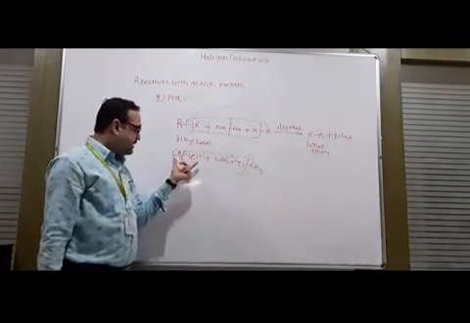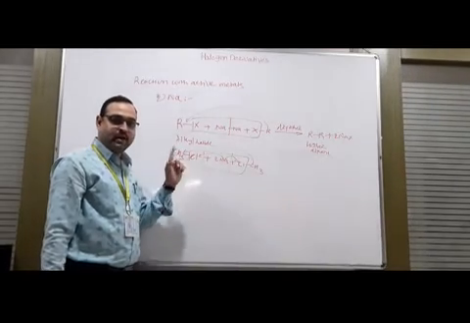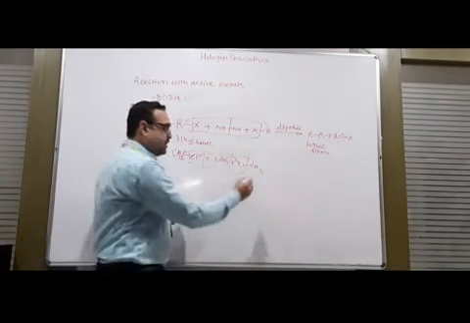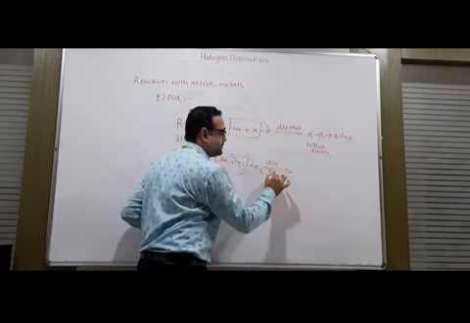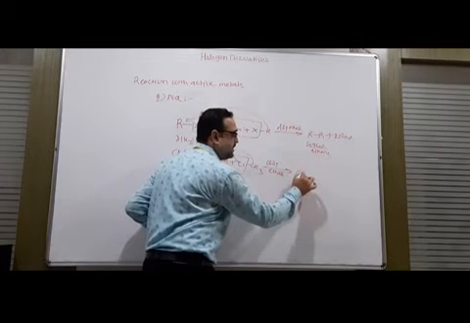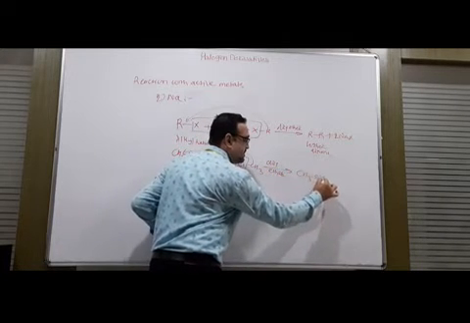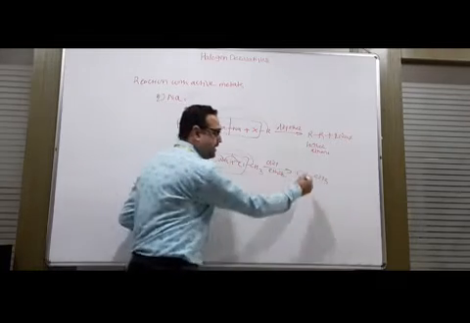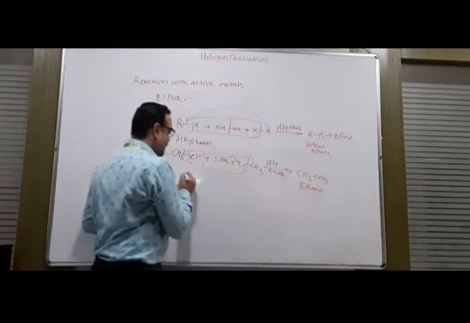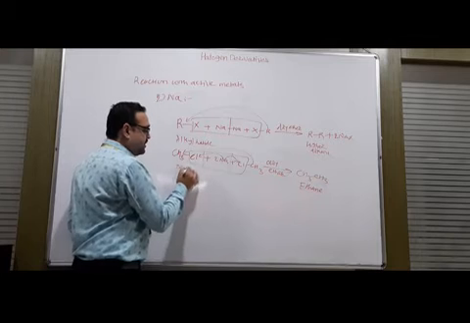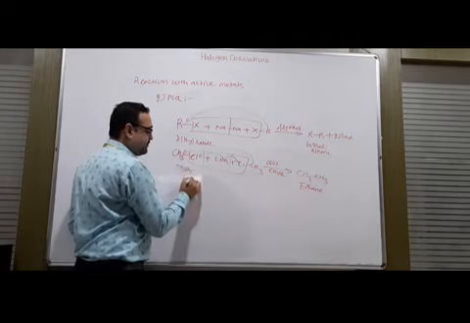So in the reactant there is only 1 carbon, and the product has 2 carbon, the product is ethane, whereas the reactant is methyl chloride.